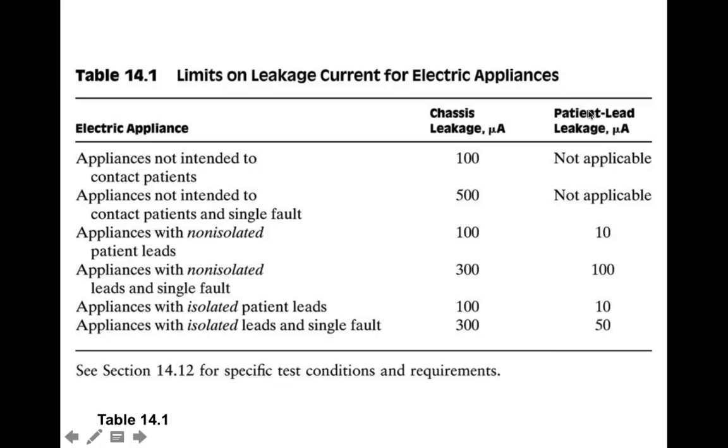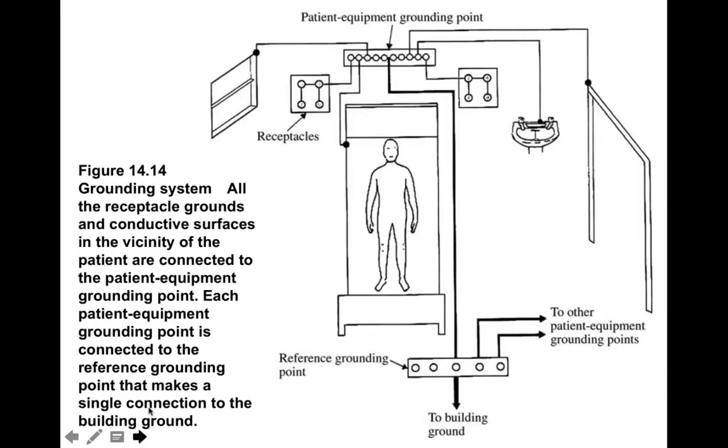At the patient lead, if you have non-isolated leads, then 10 microamps is allowed. The overall range varies from 10 to 100 microamps. There are some additional specifics that can be found both in the National Electric Code as well as in your textbook for test conditions and requirements.